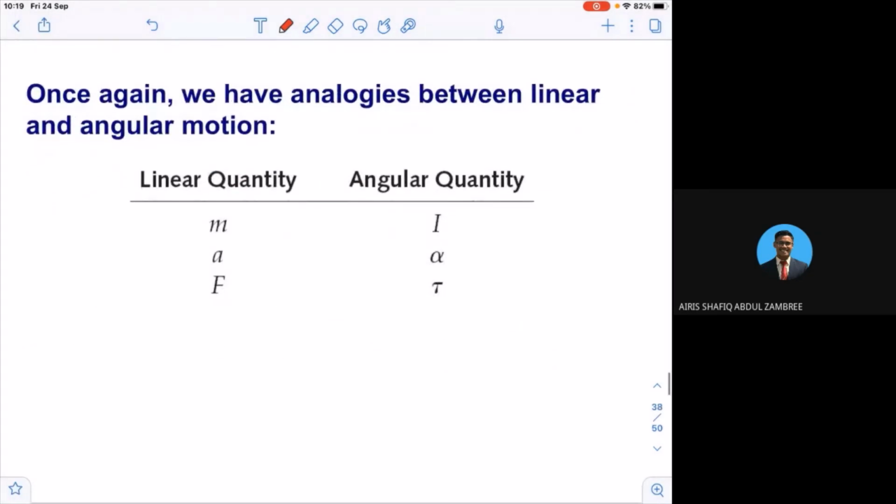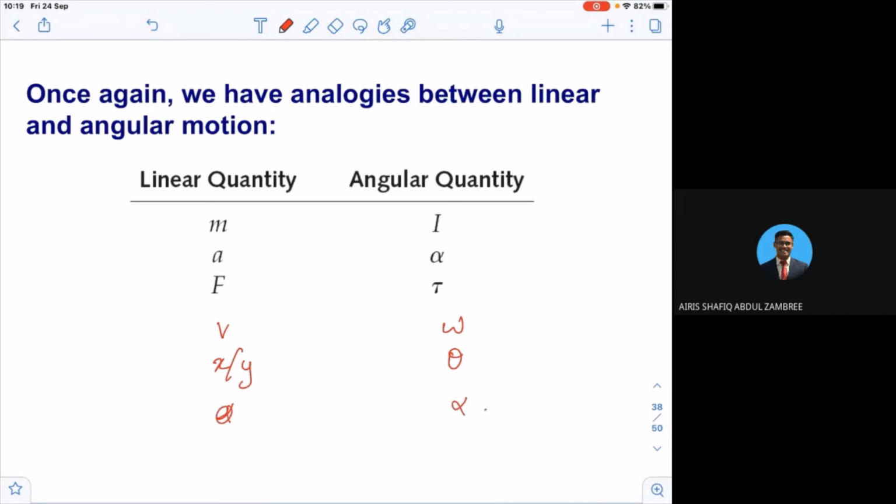Once again, we have analogies between linear and angular motions. Before this, we had v comparable to omega, x or y comparable to theta, and a comparable to alpha.